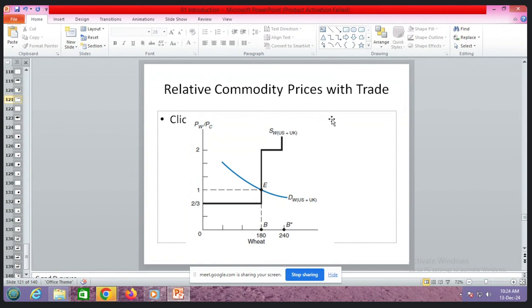The SW curve that you can see, this stepwise curve, is the supply curve, which gives us the combined supply of wheat in the world, US plus UK.